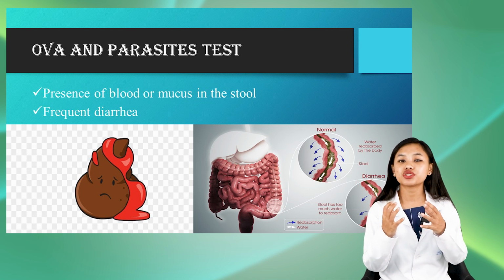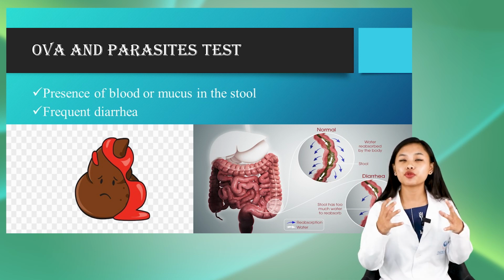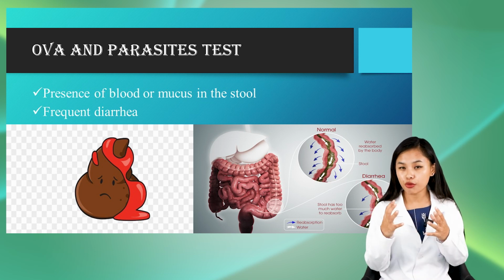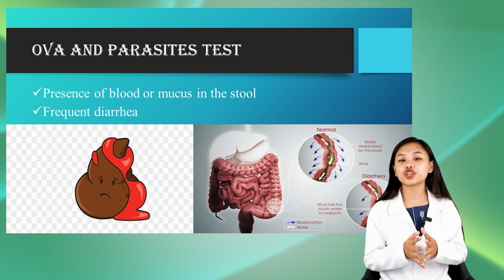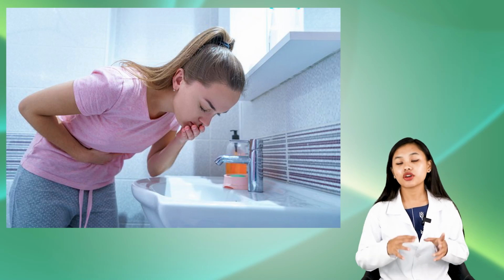This test is mainly ordered if a person is experiencing any symptoms associated with intestinal infection, like the presence of blood or mucus in the stool, frequent diarrhea, fever, abdominal pain, headache, vomiting, or even nausea. So if a person is complaining of these symptoms, that is when an ova and parasite test can be done.